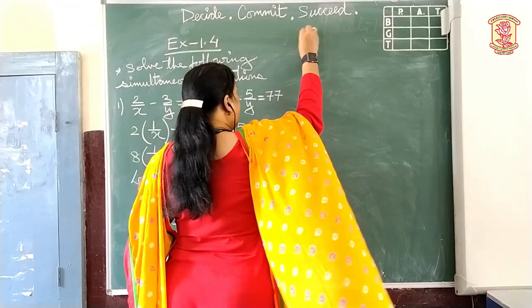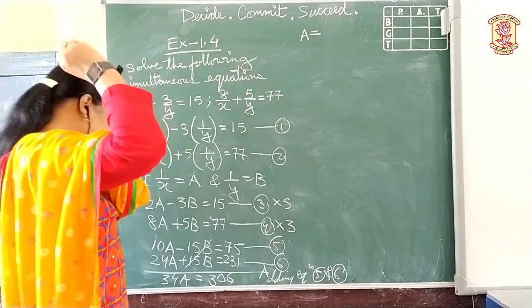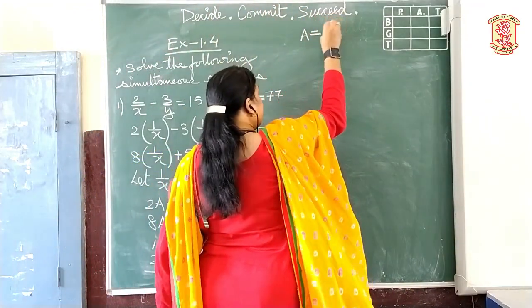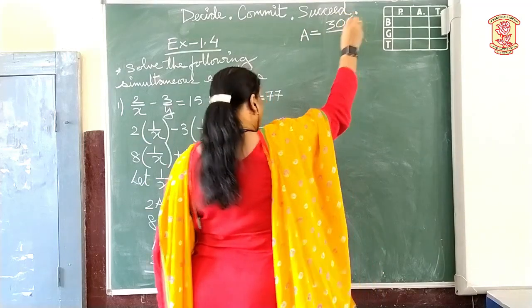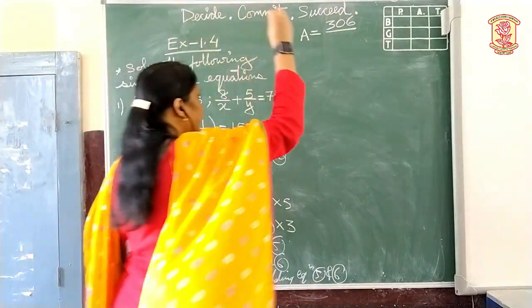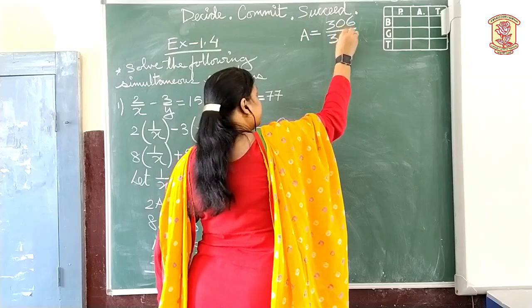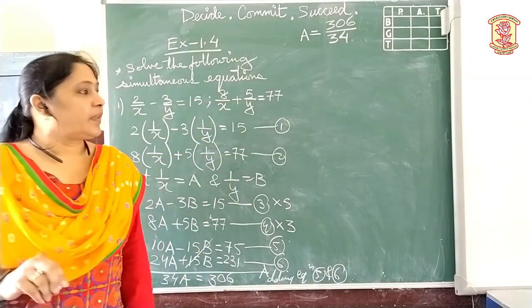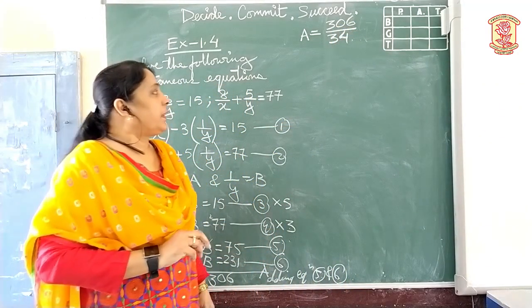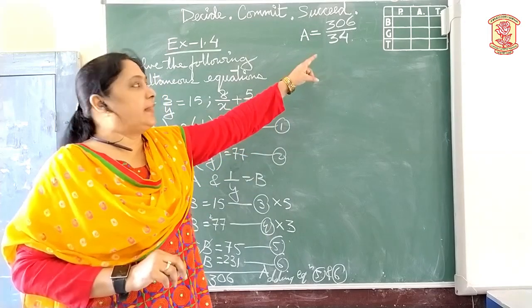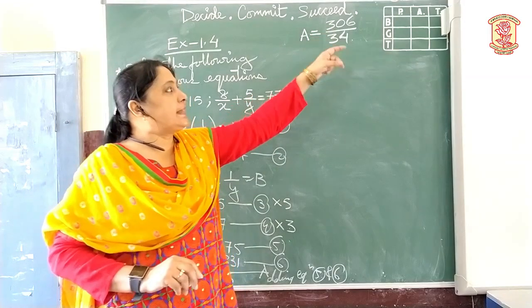So the value of a will be 306 upon 34. Now we have to cancel these numbers.